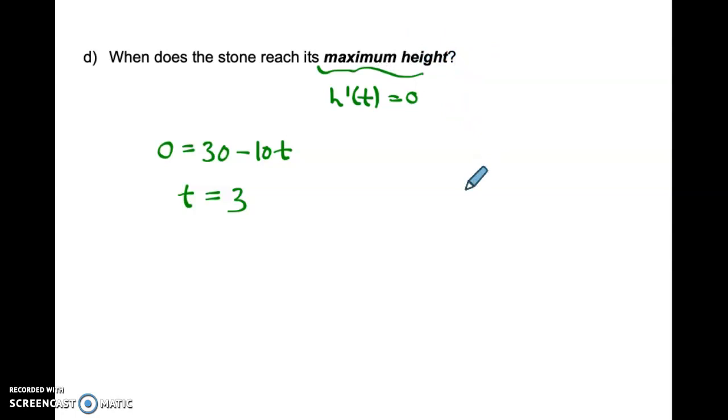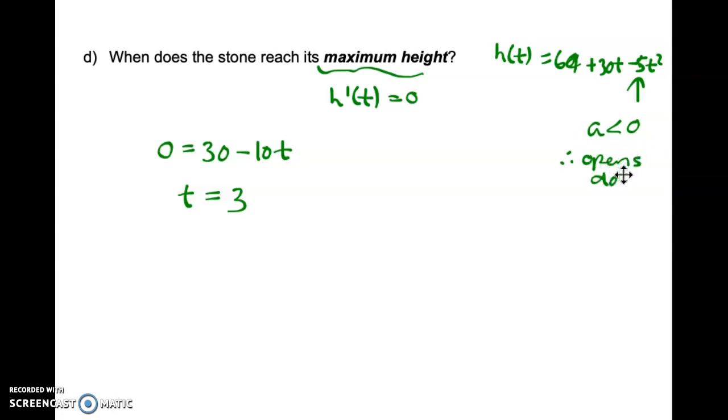We want to make sure that it is a maximum. And in this case, we don't actually need to do a test because our original function was a quadratic. And we know that when the quadratic has an a value that is negative, that means the parabola opens down and has a maximum.